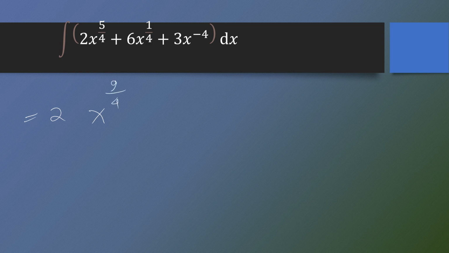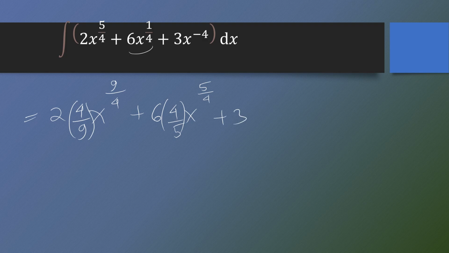And then because 1 divided by 9 over 4 is equal to 4 over 9. In the second term, we have 1 over 4 plus 1, we get 5 over 4. So it will be equal to 6 multiplied by 4 over 5.